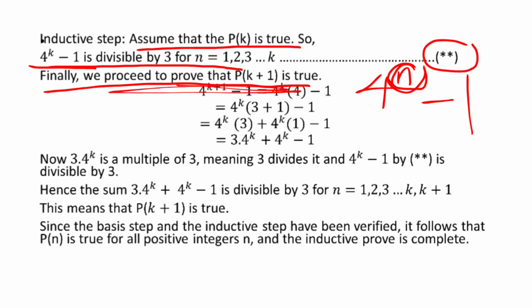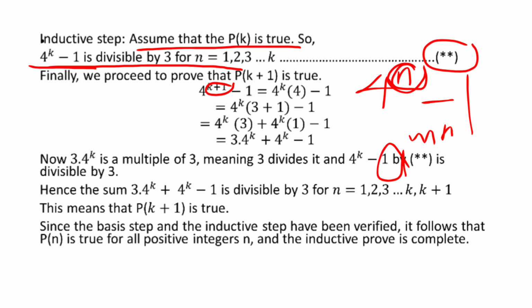By indices, if you have a to the power m plus n, I'm sure you remember your indices, this will be the same as a to the power m times a to the power n, right? Is that not what you did?